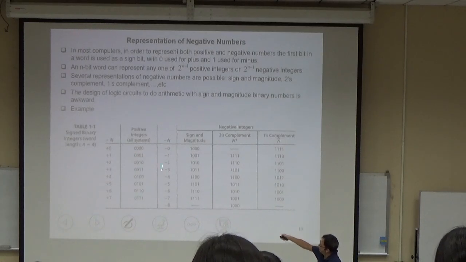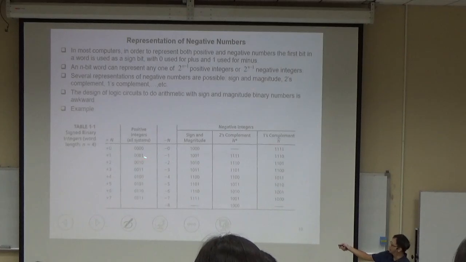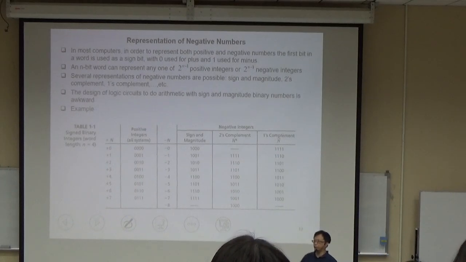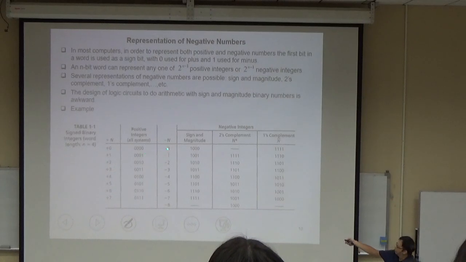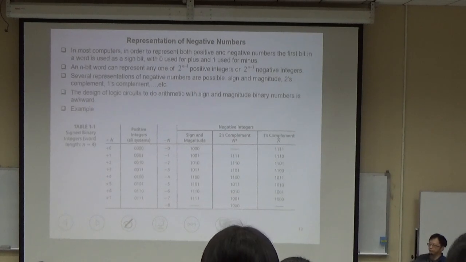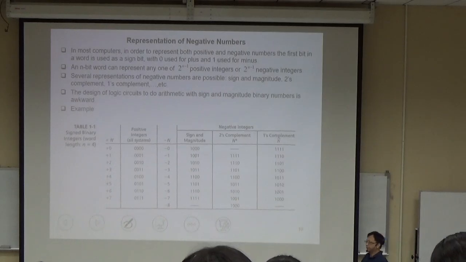You can just work it out with the sum, and you will find the binary expression. So all of these will be positive numbers, up to 7. And for these three systems, they have different results for negative numbers.